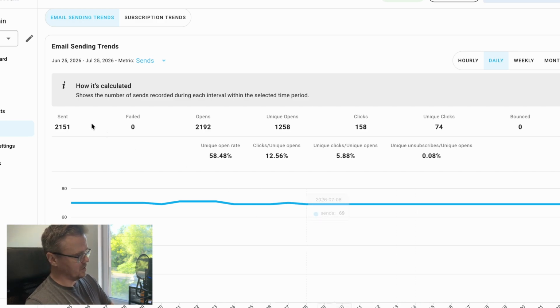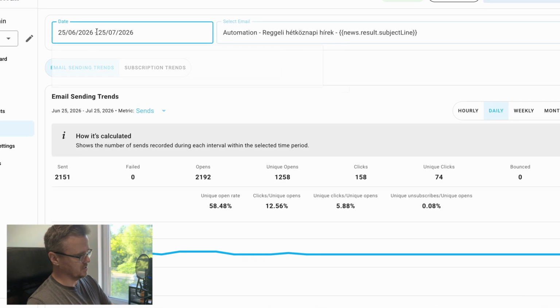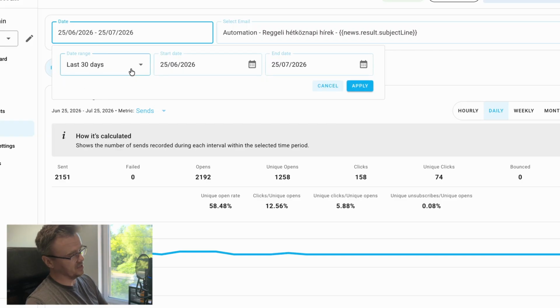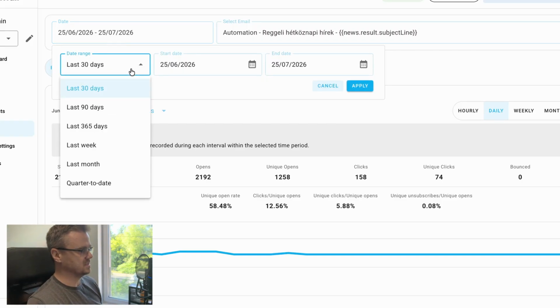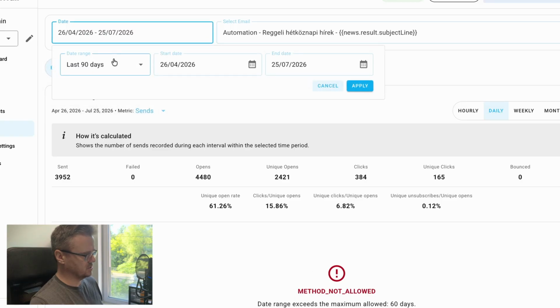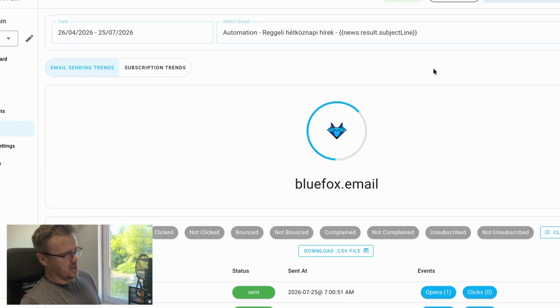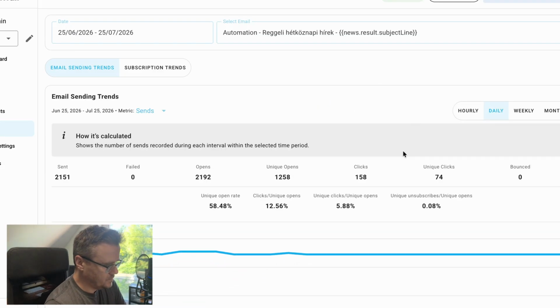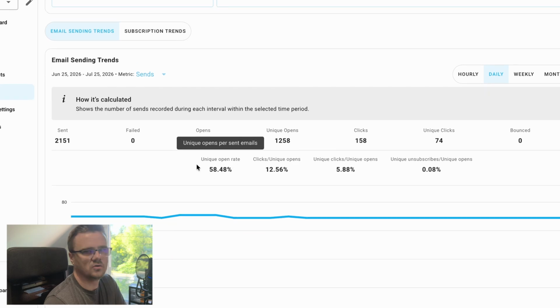So look at here. In this case, by default the last 30 days is selected, but I can do like last 90 days. Okay, I think we would have too many data points in that case, so let's just stick to last 30 days. And okay, look at here. So basically in the last 30 days, oh, I was mistaken. It's 58.5%, the unique open rate.